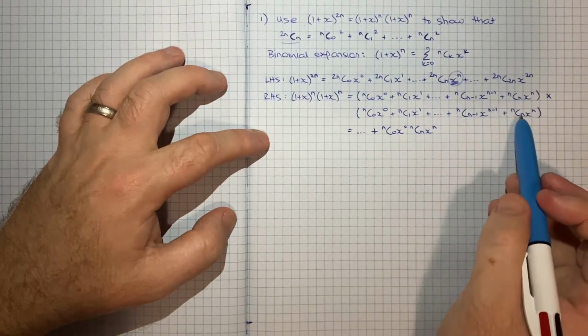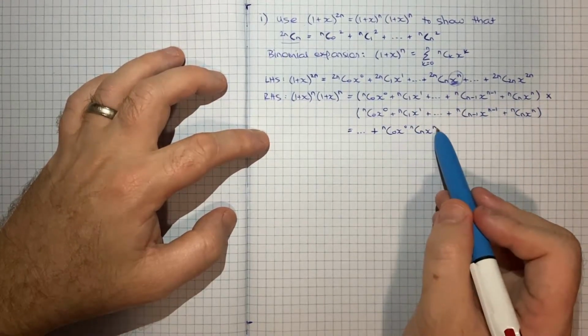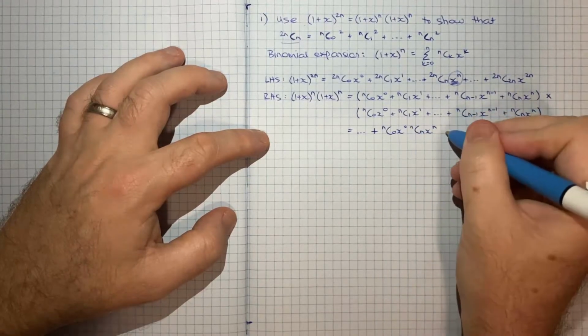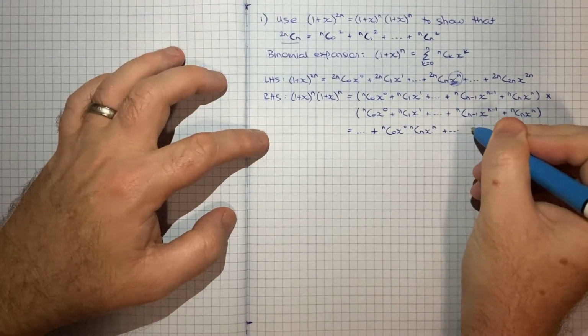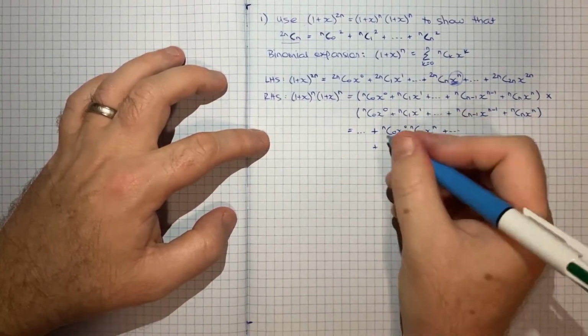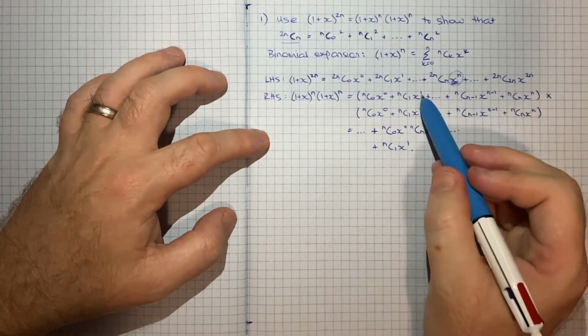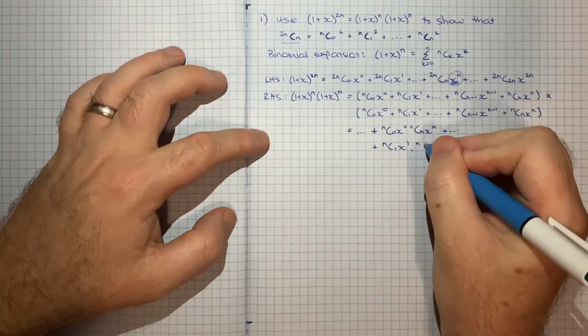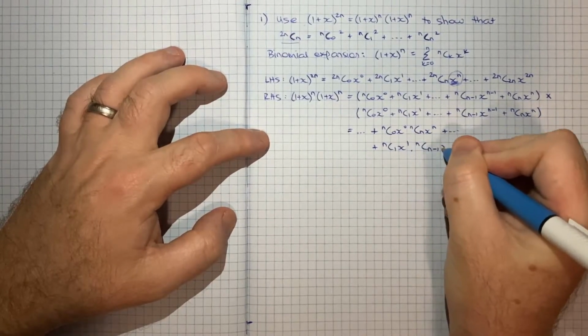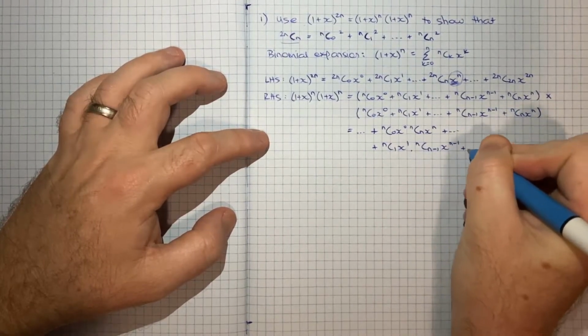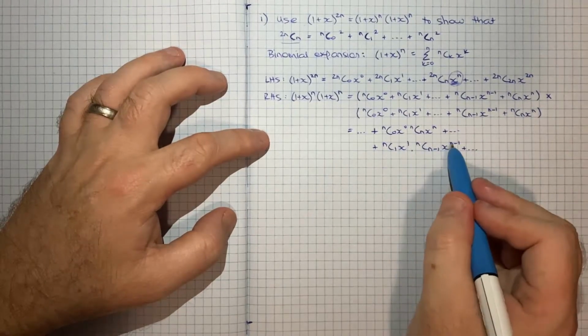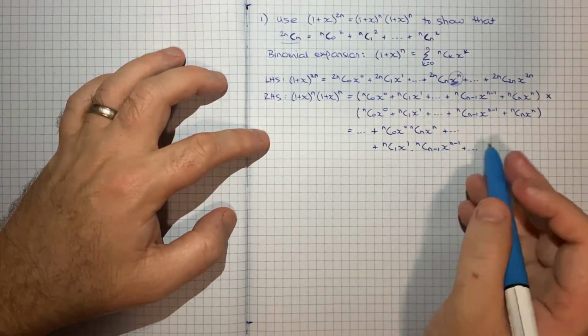And I'm interested in that item because 0 + n will equal n. And then there'll be a whole bunch of other things, and then eventually I'll get to nC1 x^1 being multiplied by nC(n-1) x^(n-1). And again, I'm interested in that because 1 + (n-1) gets me x^n.